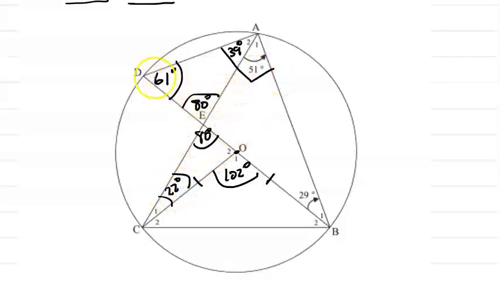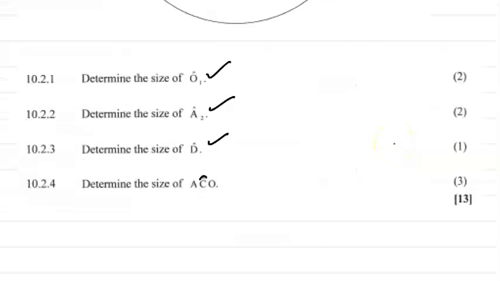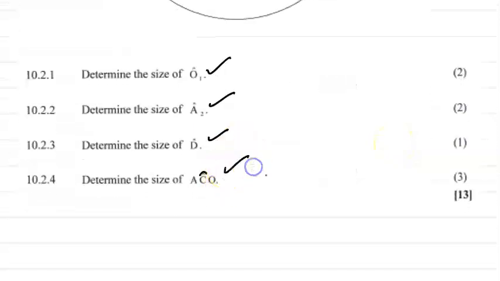So we'll have to find DEA, which will be 80. Then we'll say that CEO is 80 degrees, vertically opposite angles. And then we'll say that C1 is equal to 22 degrees, exterior angle of triangle equals the sum of the interior opposite angles. So we can now say that we've got all the marks there.